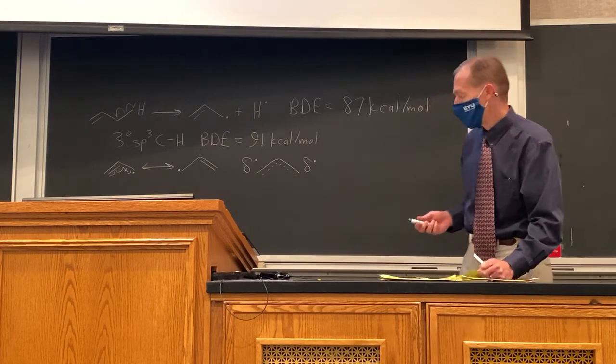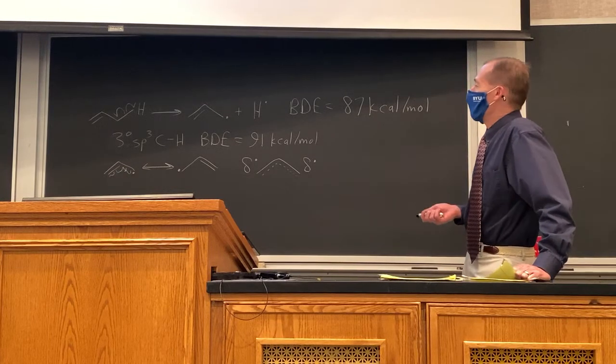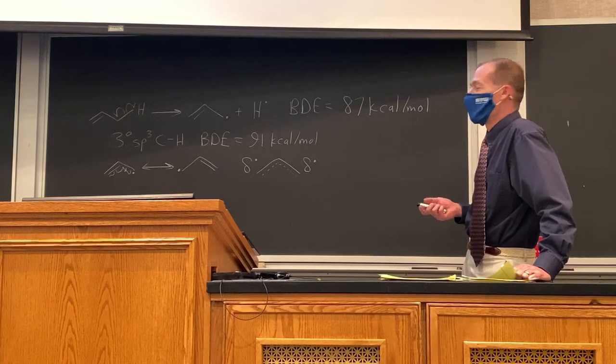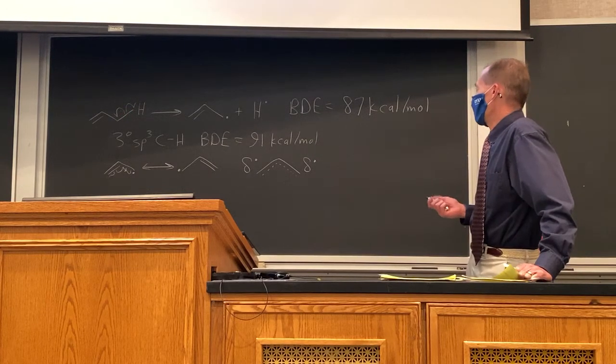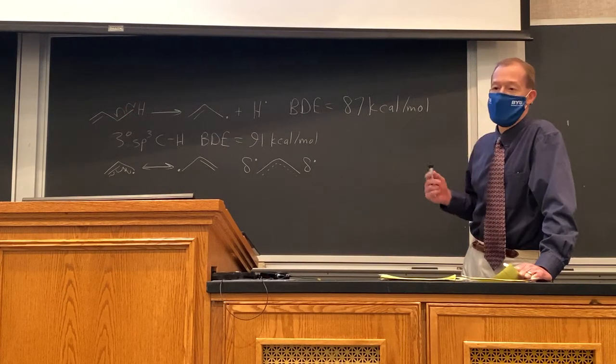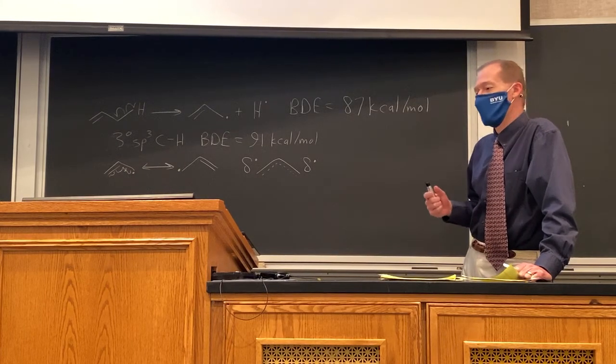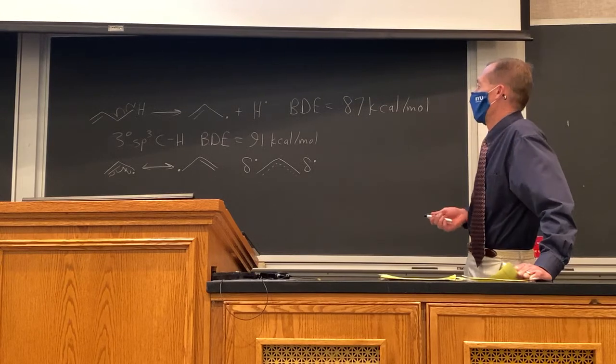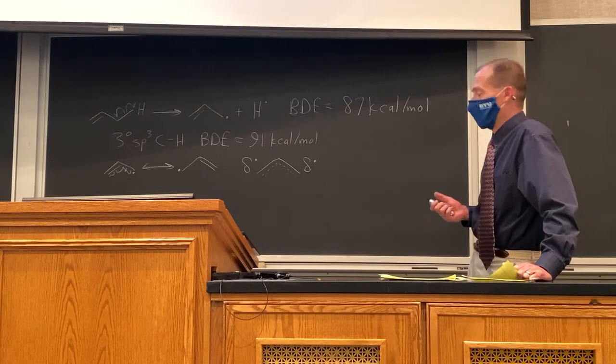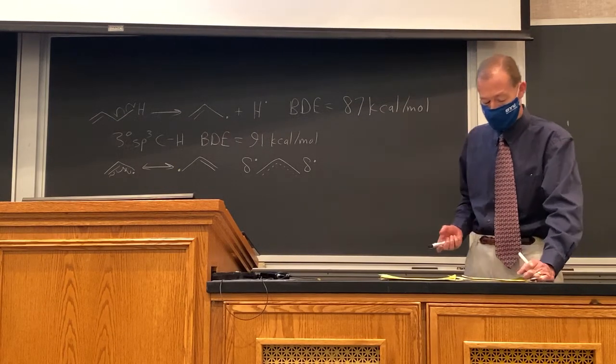So because the allylic radical is one of the two products of the homolytic cleavage of this bond, the delta H, or the bond dissociation energy for that bond, is lower than it is for other types of sp3 carbon-hydrogen bonds, because we get a resonance stabilized radical.